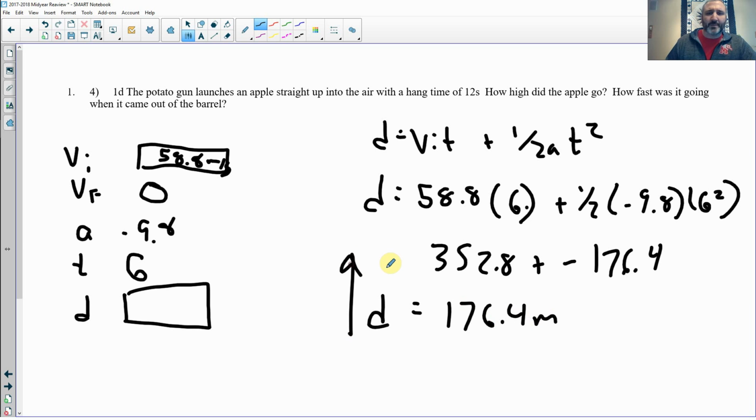So it went up 176.4 meters. 6 seconds later, it stopped, and then it came down 176.4 meters, taking 6 seconds both ways to give you a total hang time of 12 seconds. I hope that helped. And if you have questions about it, we can talk about it in class.